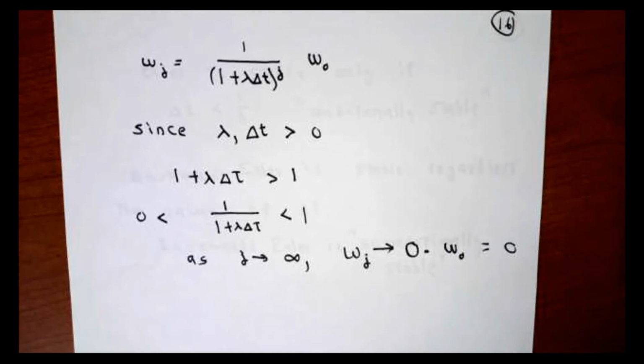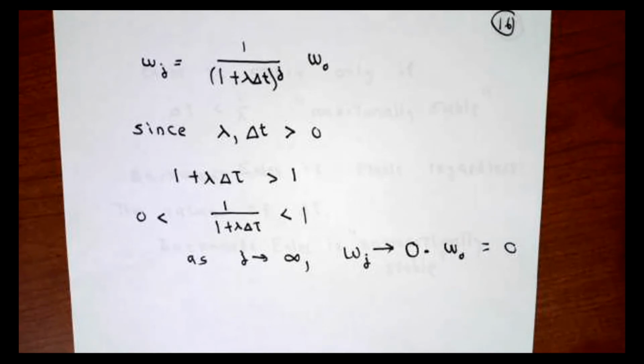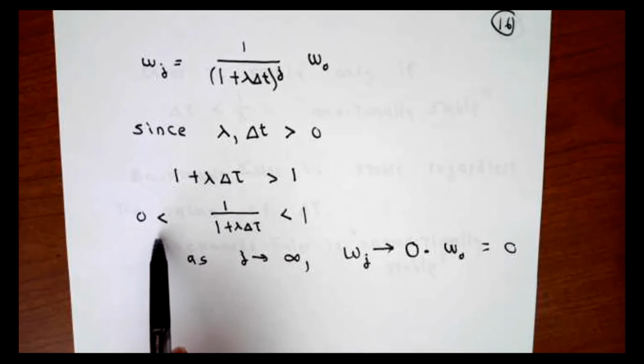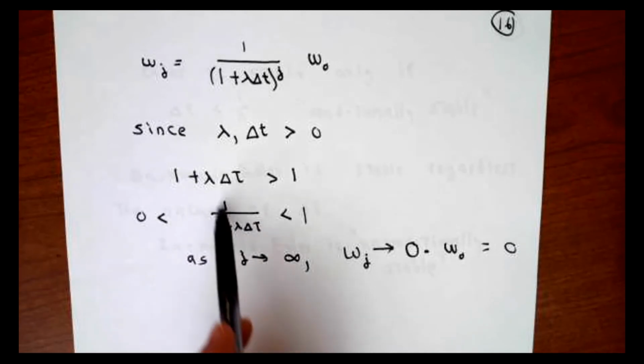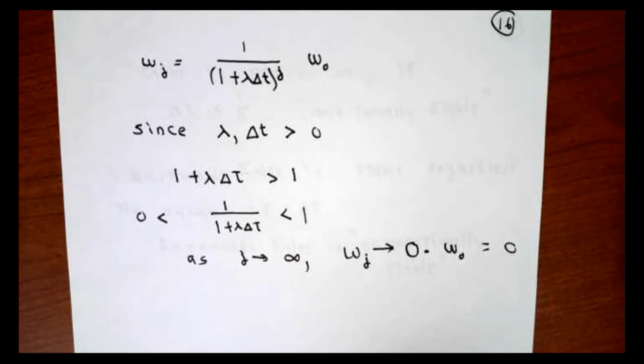But things are great now. Lambda and delta t are positive. That means 1 plus lambda delta t is bigger than 1, which means the reciprocal of that is a positive number, but on the other hand, the positive number on the bottom is bigger than the positive number on top.